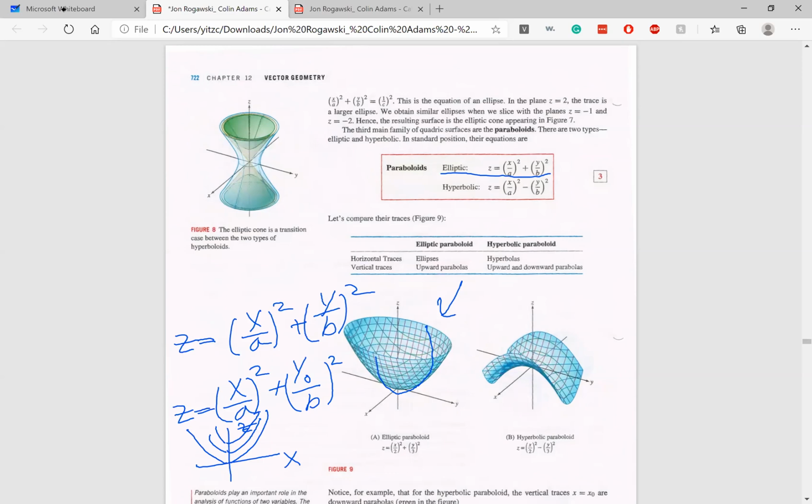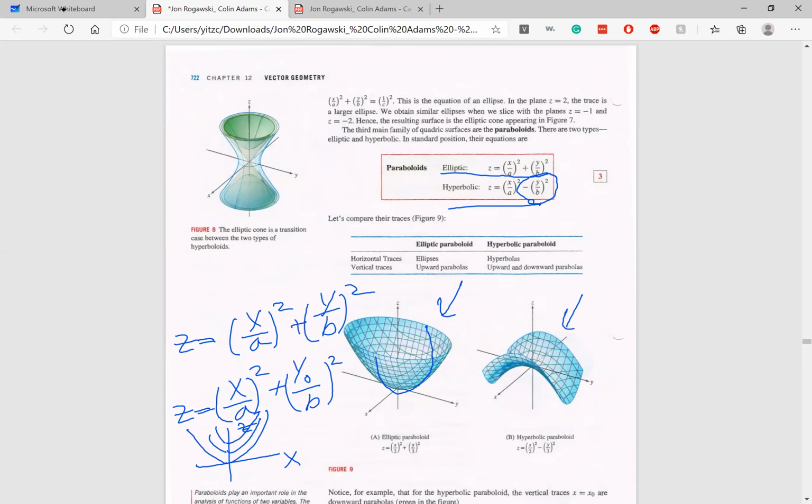Okay, and then the hyperbolic, it's a horse saddle, basically. So it looks something like this. And again, we have a simple direction and a slightly complicated direction. So the simple direction is when the y's over here are 0 or different constants. So then you just have parabolas in the xz direction.